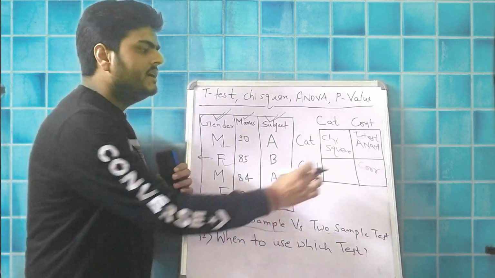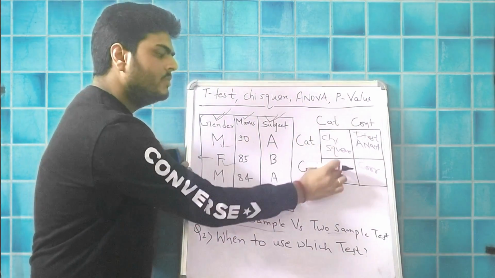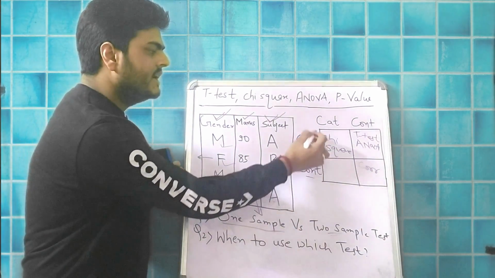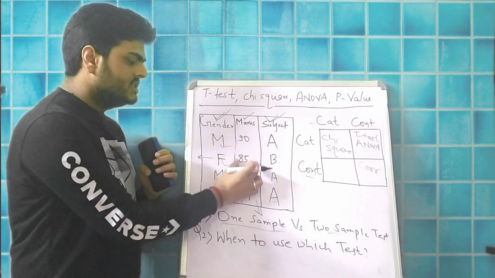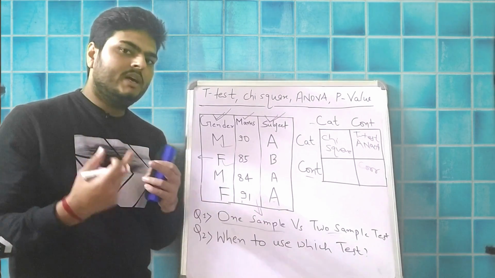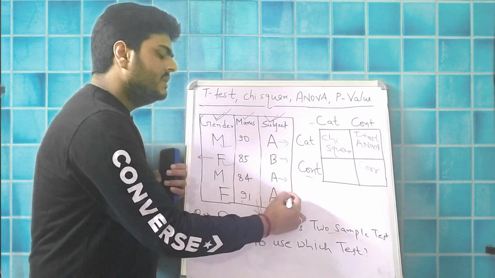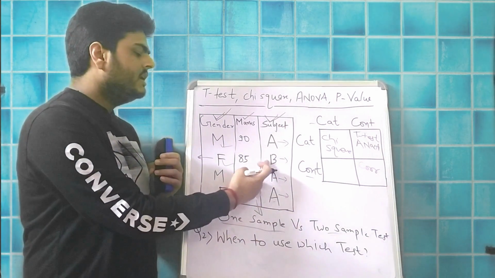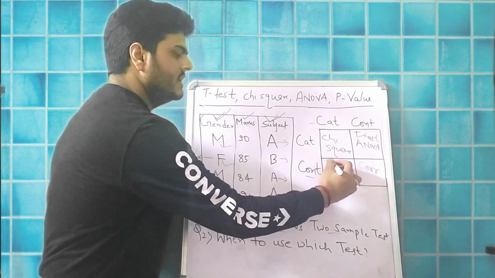So ANOVA and t-test, you understood the difference; chi-square, you understood the difference. Now what is this box? This box is about continuous to categorical. So there is one continuous column, for example marks, and there is another, subject. All of us know that when your target is a categorical variable, think of it from the model building point of view, when your target is a categorical variable and your independent is a continuous variable, you can do something known as logistic regression, right?